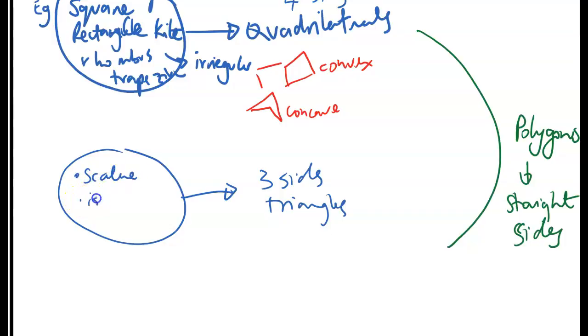Scalene, isosceles, equilateral. And triangles are also defined by their angles. So we could have obtuse or right angle triangles or acute angle triangles as well. So they all form part of the polygons.